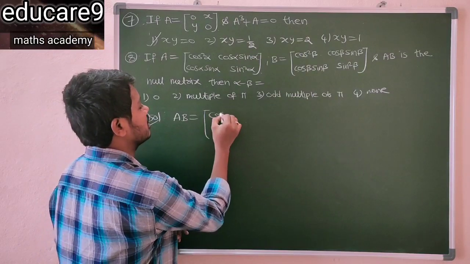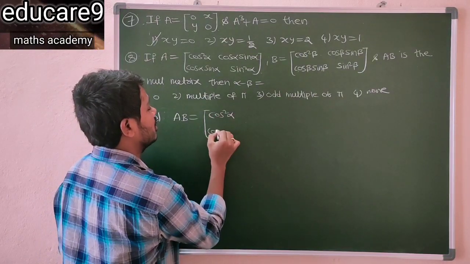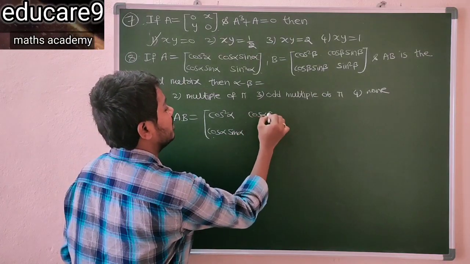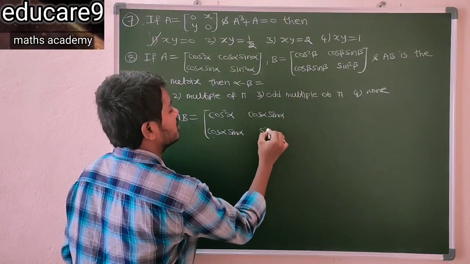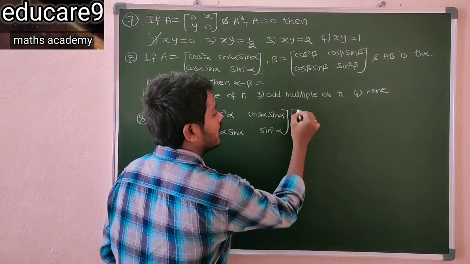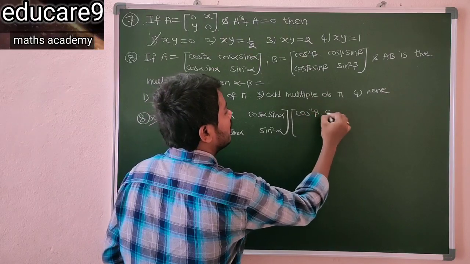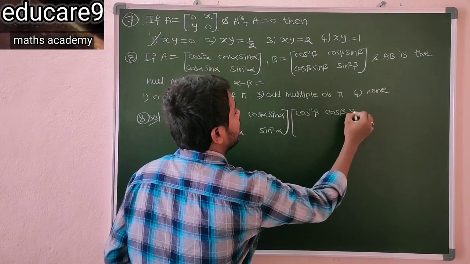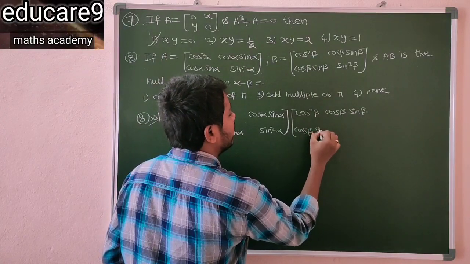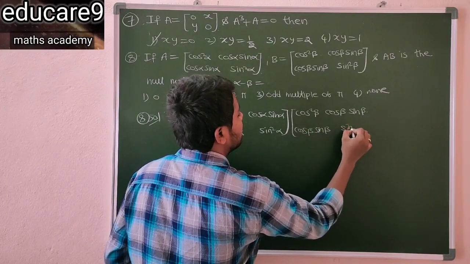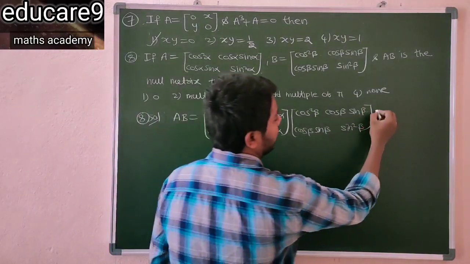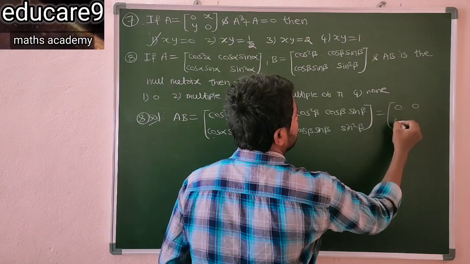That is cos square alpha, cos alpha sin alpha, cos alpha sin alpha, sin square alpha, into cos square beta, cos beta sin beta, next cos beta sin beta, sin square beta is equal to what? Null matrix, that is 0 0 0 0.